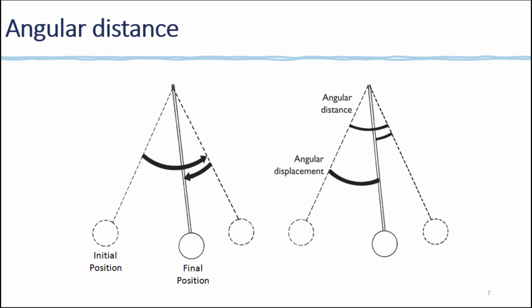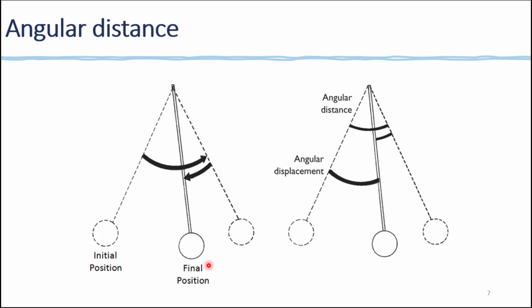Let's compare angular distance and displacement visually. So let's say we have a marble that's attached by a string. So there's the string, and then this is the marble over here. So the picture on the left here shows the marble starting in its initial position on the left, and then it swings to the right, and it ends up in this final position here.